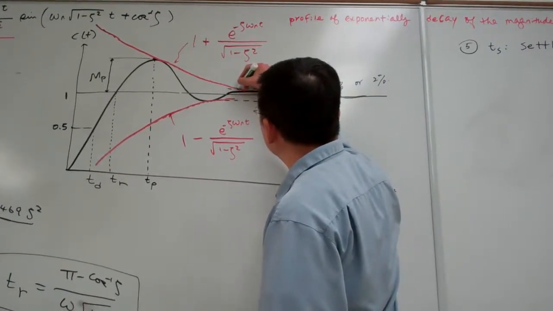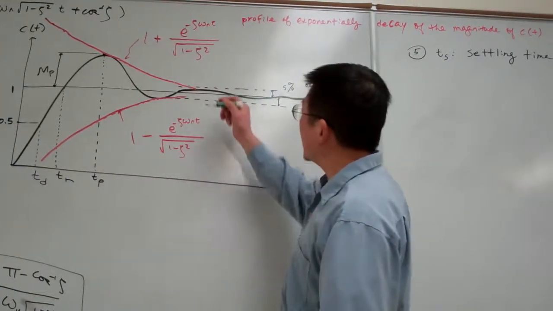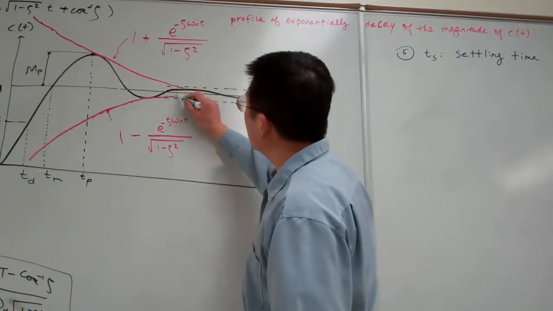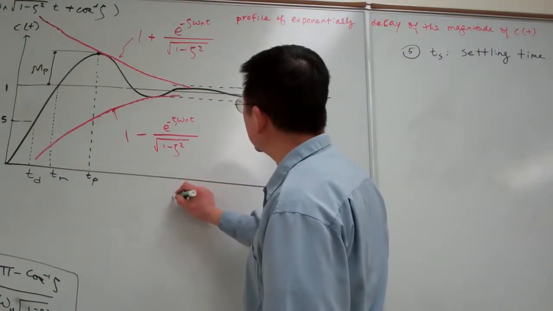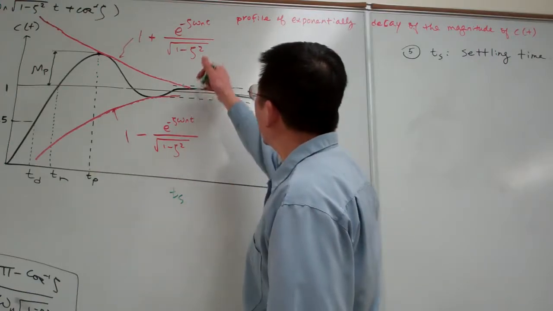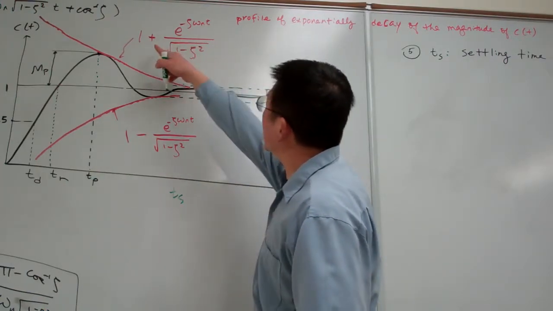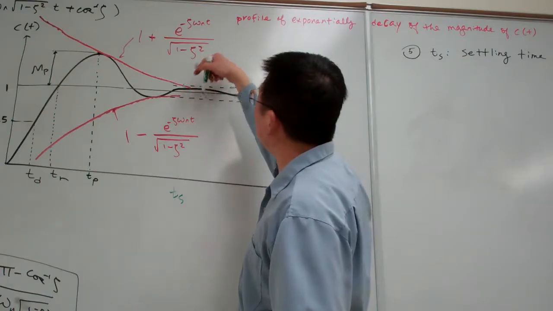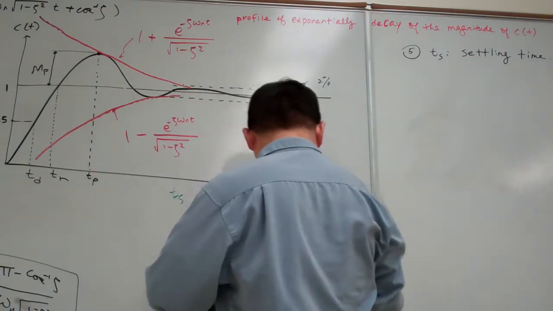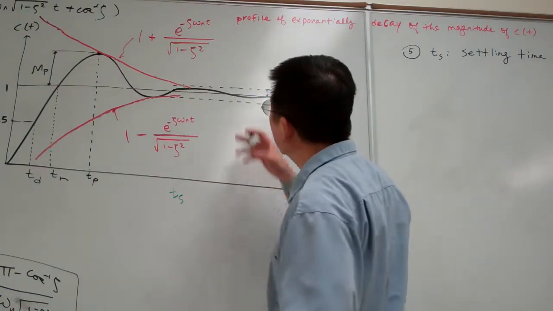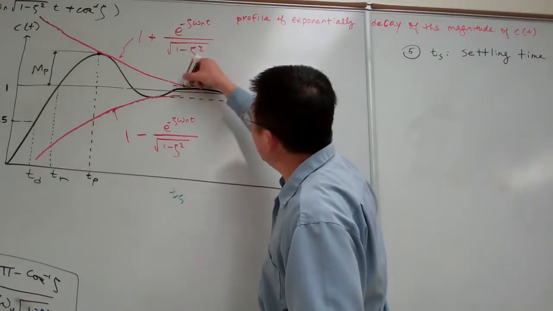For this moment, I label it as the corresponding time, and this is the TS. That means when this component first arrives at this value. What is this value here?